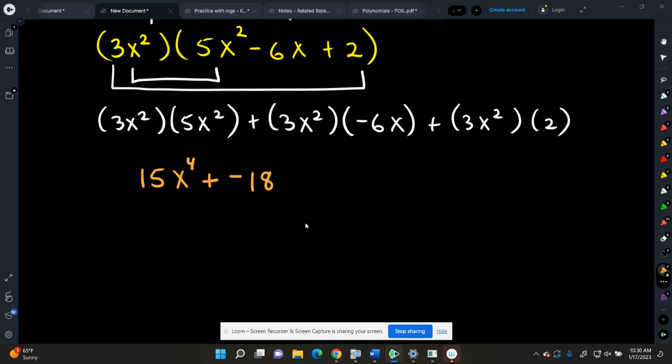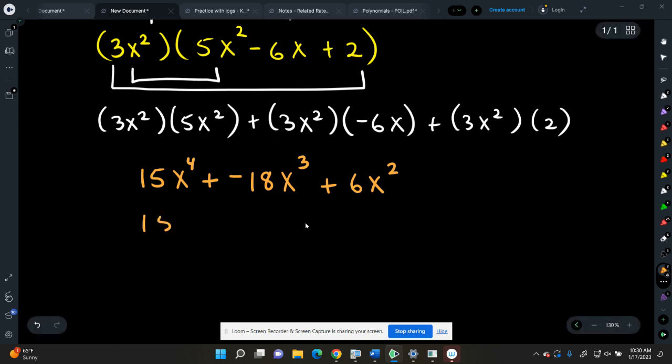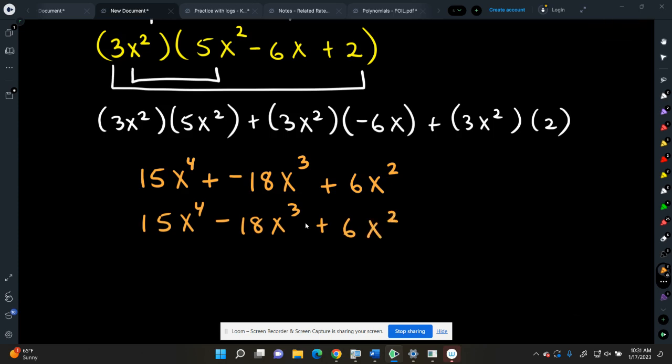X squared times x gives me x to the third. And then 3 times 2 is 6, x squared. So 15x to the fourth minus 18x to the third plus 6x squared. And we're done. Everybody should have this example fully written out in their notes.